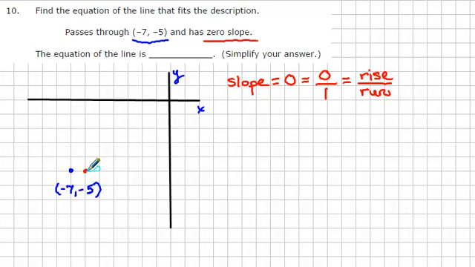Do the same thing again, rise 0, run 1, and that takes us to another point on the line. And then just continue that process until you start to see the line. In this case, after plotting a number of points, we begin to see that the line passing through -7, -5 with 0 slope is a horizontal line.